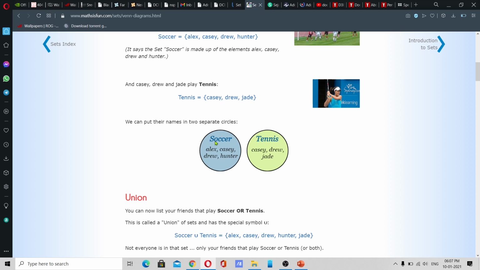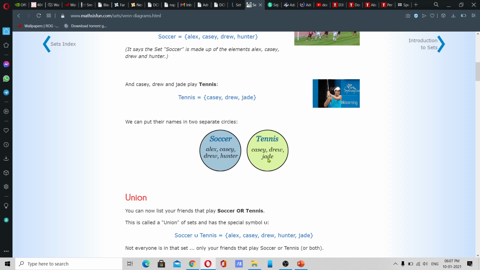So if you go through it, you can see that in the first set, 4 persons play soccer: Alex, Casey, Drew and Hunter. Tennis is played by Casey, Drew, Jay. If you look closely, you can see that Casey is there in both cases. Drew is also there in both cases. We don't know anything about Jade, so we are not considering Jade, because here we are discussing the difference of two events, particularly considering the first set, soccer.